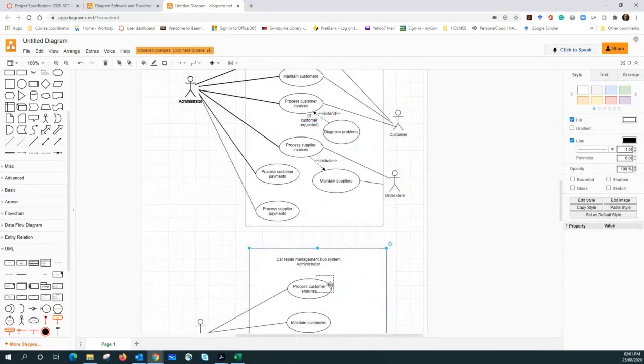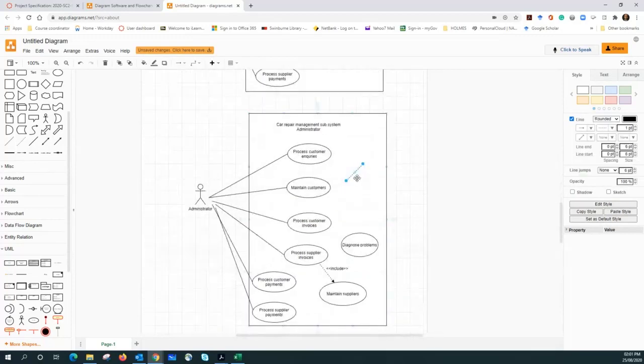Can do the same thing here as well. So here the extend rate. And so the way around, sorry.